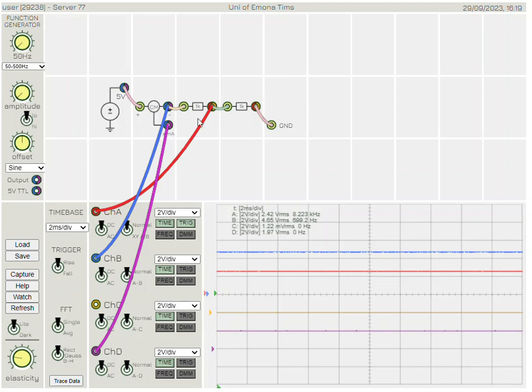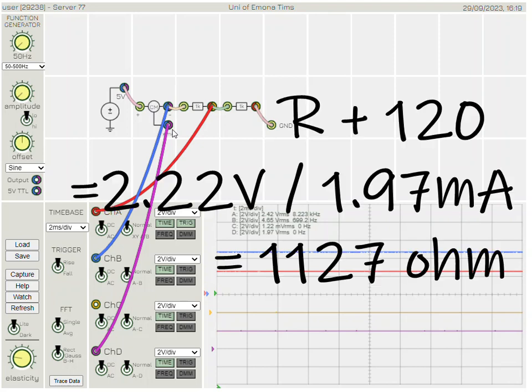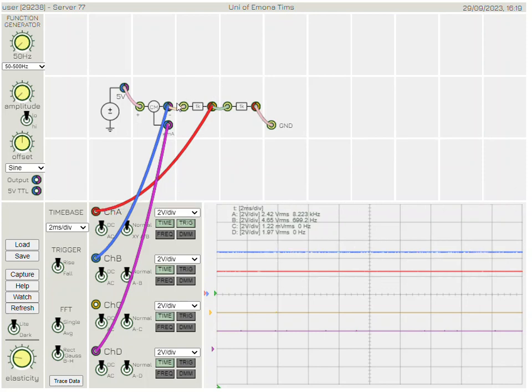So the voltage across that component divided by the current tells us the total resistance of that component plus the connection. Now, if you've read lab number 1, you'll see that the connections are typically 110 to 120 ohms. So we would expect the sum of this resistor and that connection to be typically 1,120.